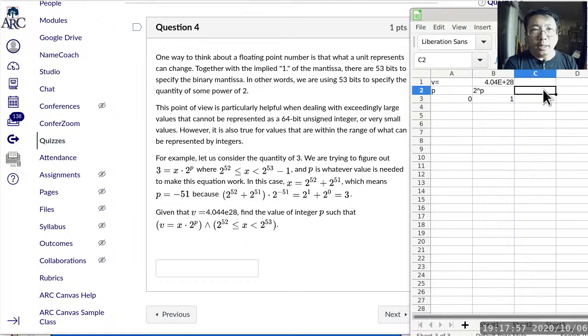And now we want to compare. For the comparison, I think I can just use the lower bound and the upper bound up here, because there's no need to recompute these values over and over again. So the lower bound LB is 2 to the power of 52, and the upper bound UB is 2 to the power of 53.